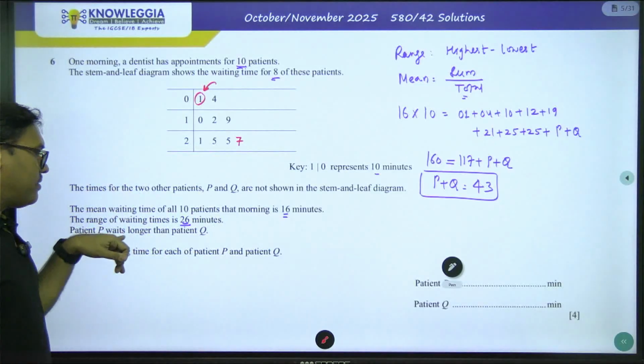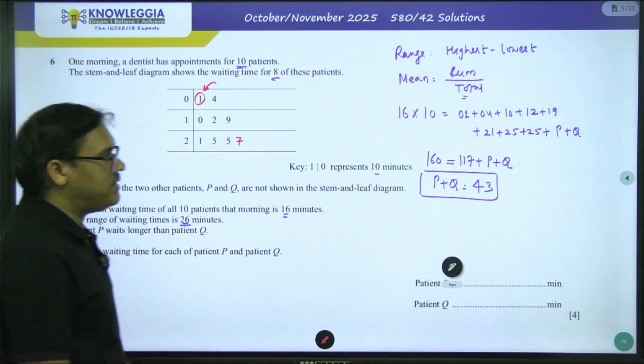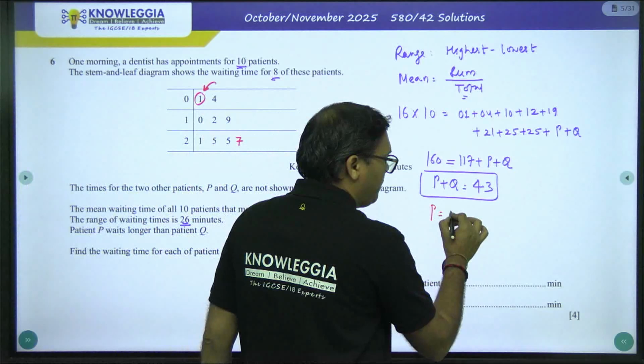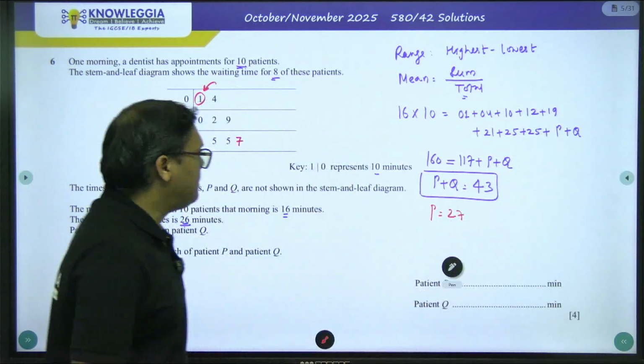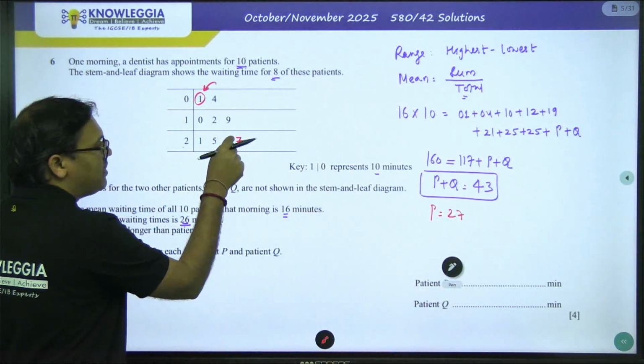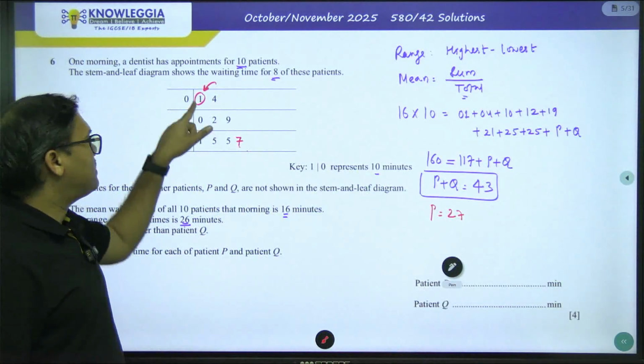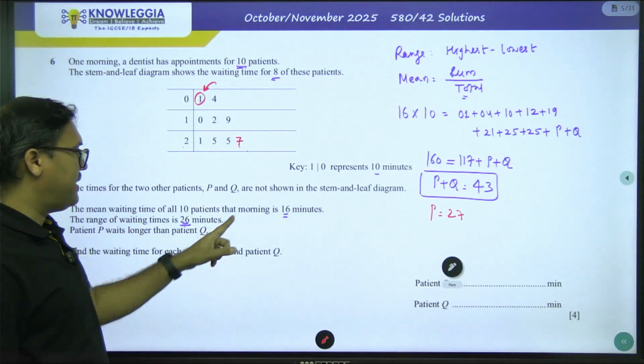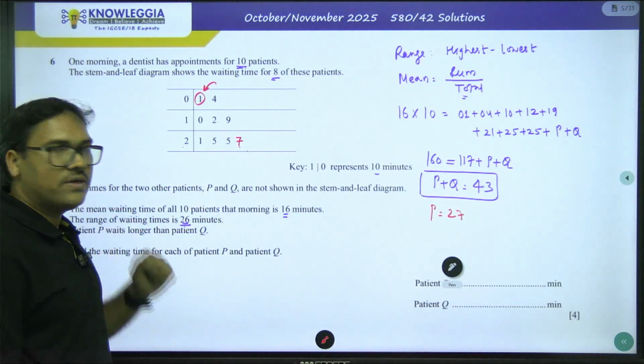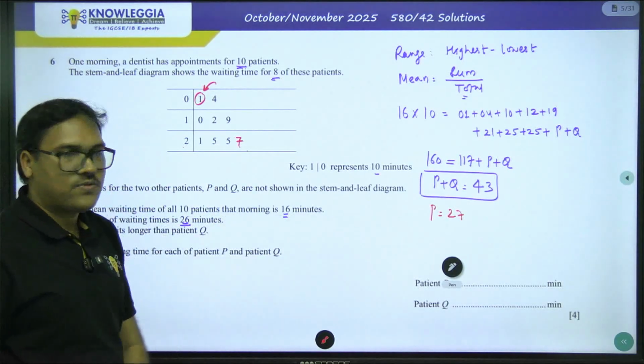Now, P waits longer than Q, so obviously the waiting time for P will be 27. I hope this is making sense why it has to be 27, because the range is the highest minus the lowest, and the lowest is fixed. If the lowest is fixed, then the highest has to be 27 because it has to get the difference as 26. Correct? So P is 27.